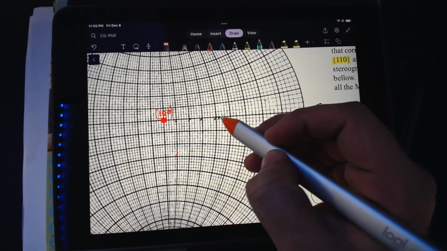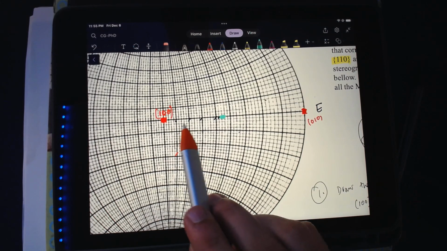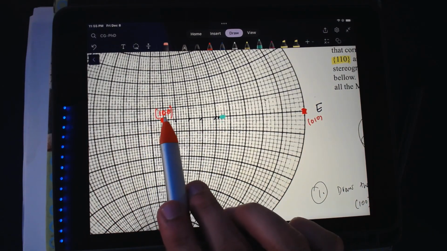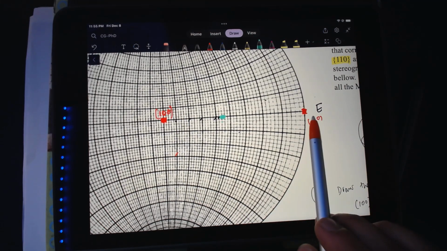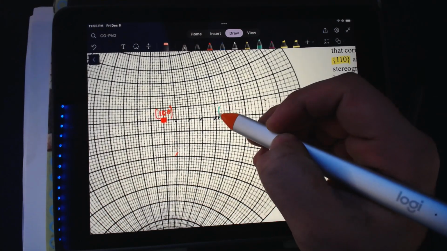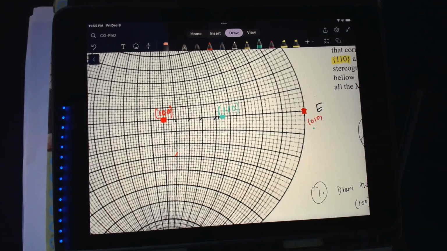So let's draw our green ellipse, which now is at 45 degrees from both 100 and 010. It is the sum of these two, so that sum simply becomes 110.